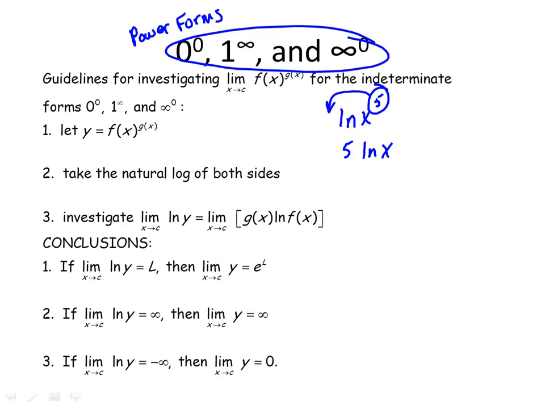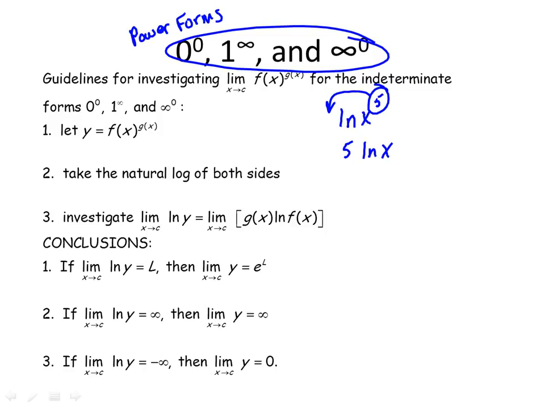So now when we apply the natural log, for our purposes, to the right-hand side, you're going to apply the limit to your power, because remember we moved the power out front, times natural log of your base. Okay, and this is what we're going to work with. Now look at what you have here. You have a product. You know what happens when you have a product. That's when you go back to your product series. So we're going to go through this and we're going to come up with an answer.